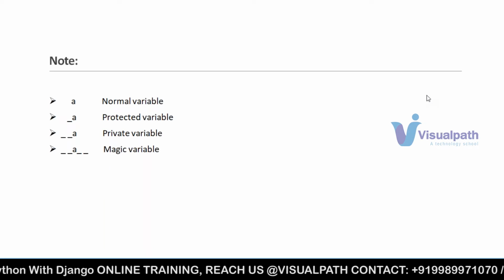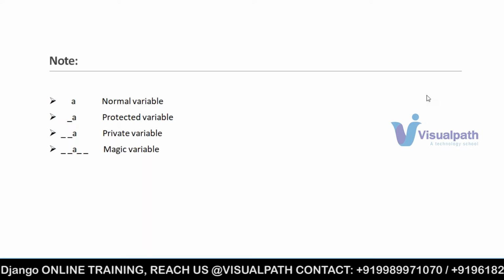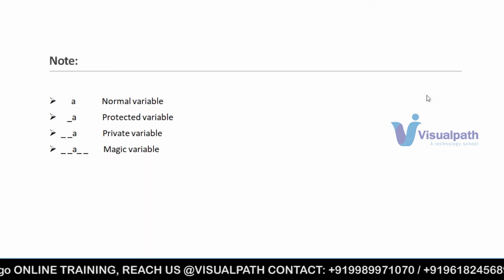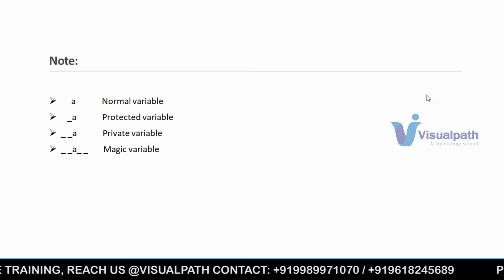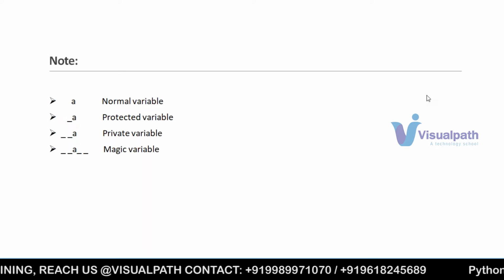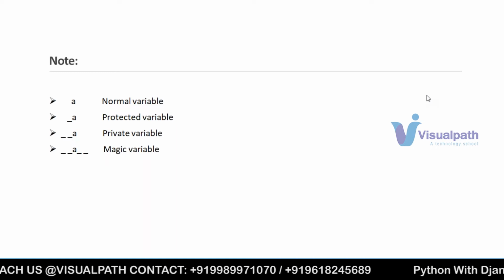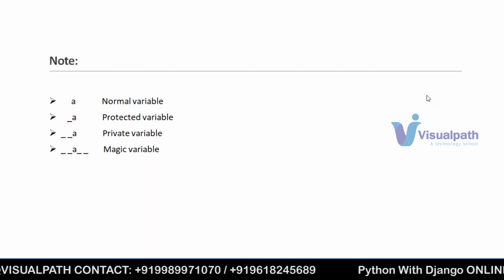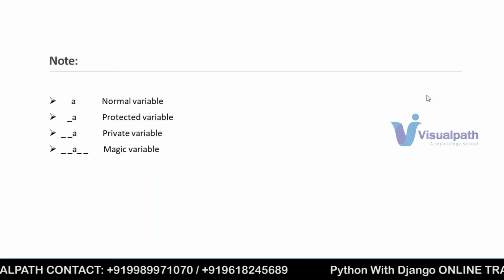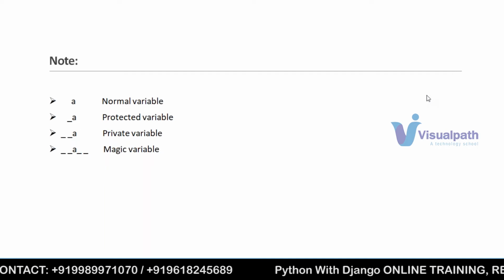What is your work profile? I'm working as a system administrator. Okay, fine. So CSE means at least in education you are aware of programming, but not hands-on. Okay. No problem at all.